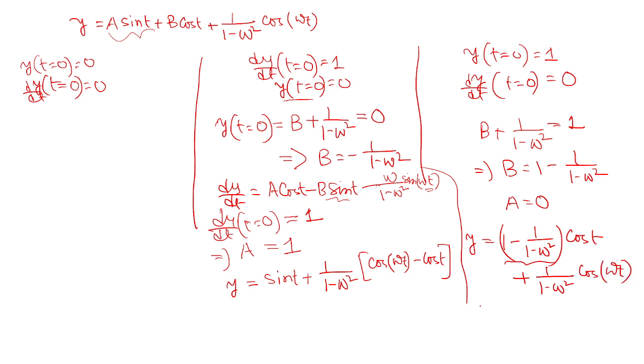So you can write this as cosine of t plus 1 by 1 minus omega square cosine of omega t minus cosine of t. So similarly, you can also calculate for this case, and you can see how this x and how this y and velocity behave. So from this y, we can also calculate what will be the exact form of the velocity.